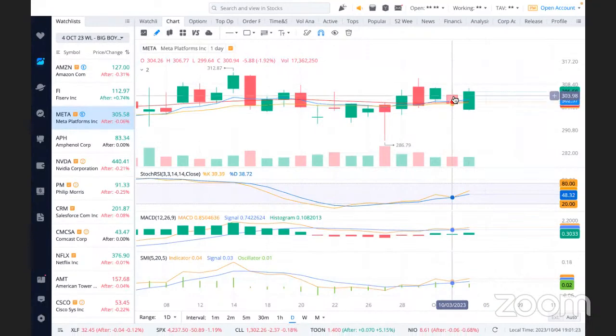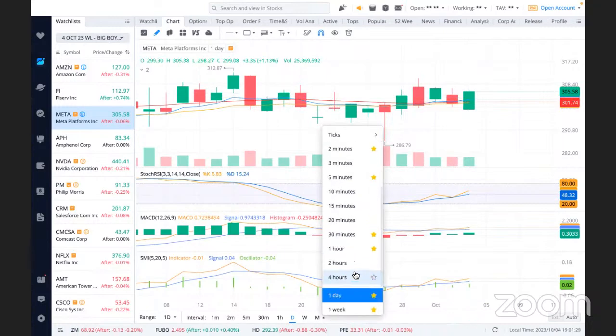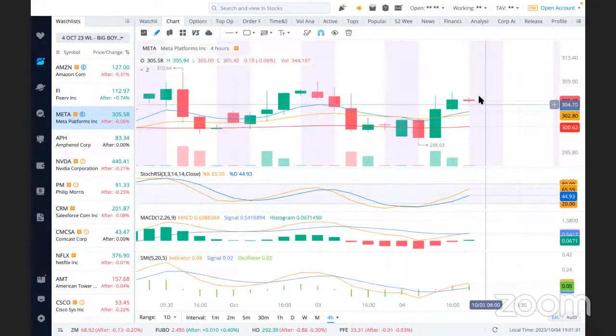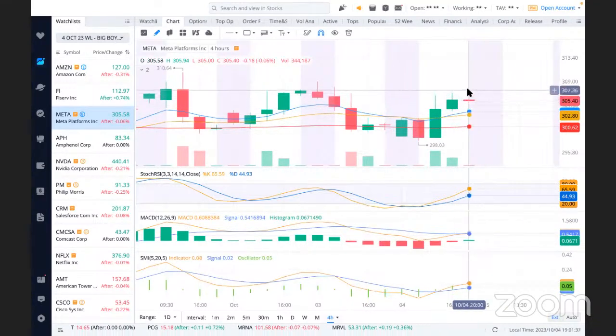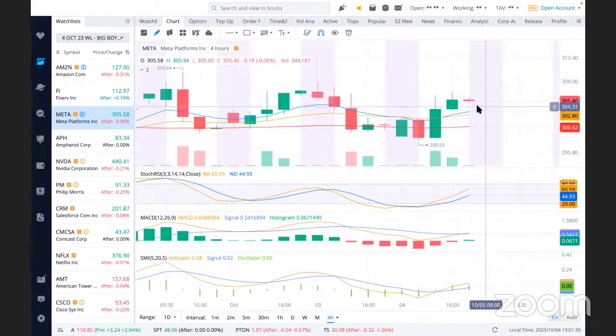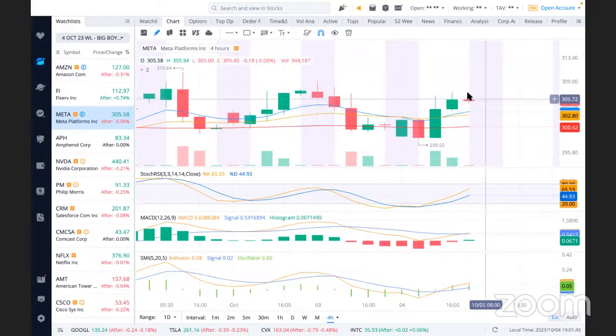This would be an inside bar to an outside bar, but when you do the scanner, on the 4-hour chart, it gave us the inside bar. So in one of the longer time frames, when you do the scanner, it gave you the 4-hour signal. Right here, it gave us the 4-hour inside bar, which we're going to go ahead and build off of.